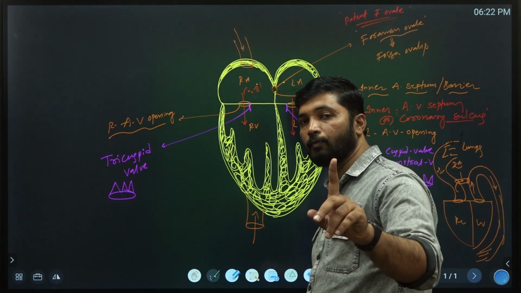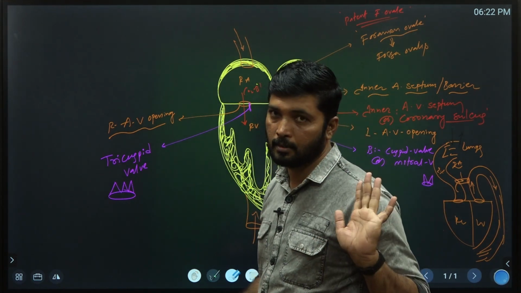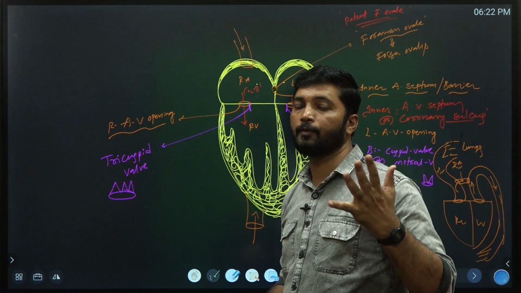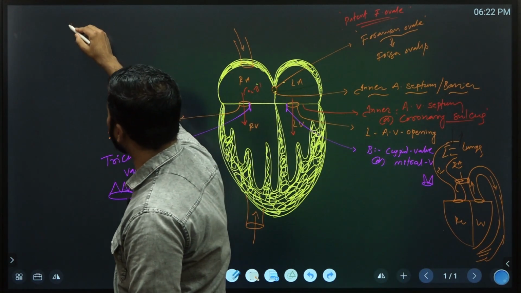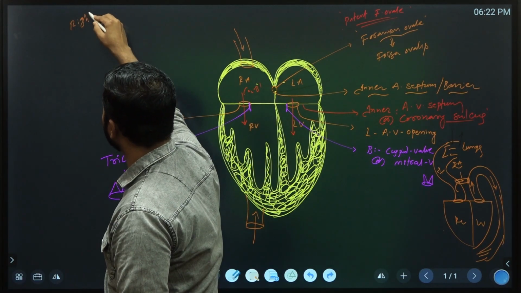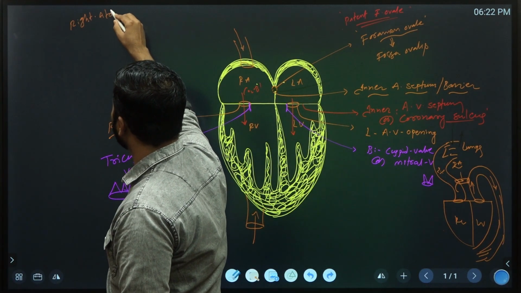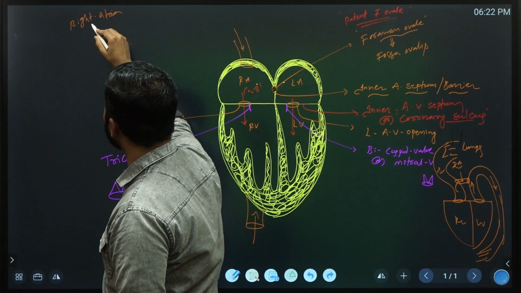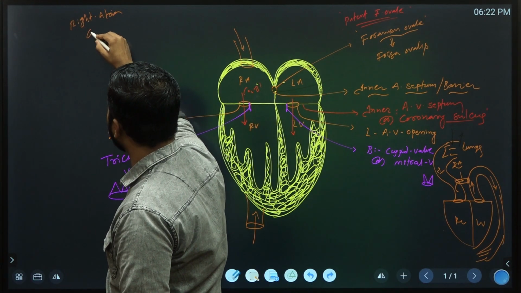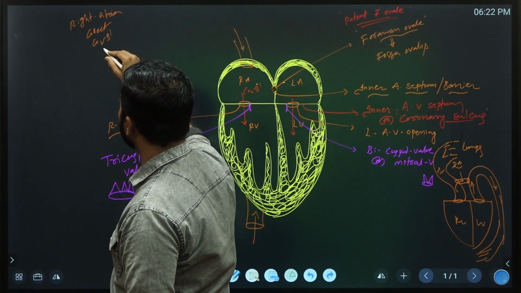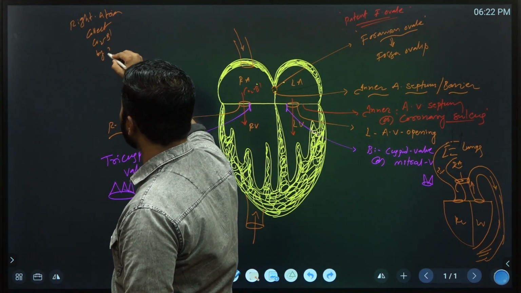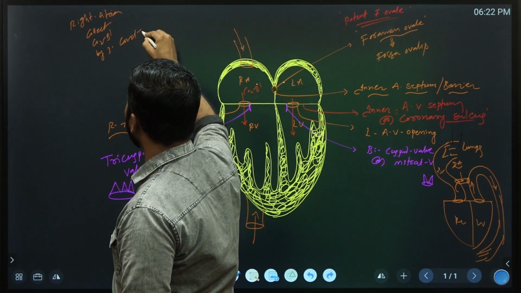One more caval vein is the coronary sinus, which collects deoxygenated blood from the heart wall. So the right atrium collects carbon dioxide blood, or deoxygenated blood, by three caval veins.